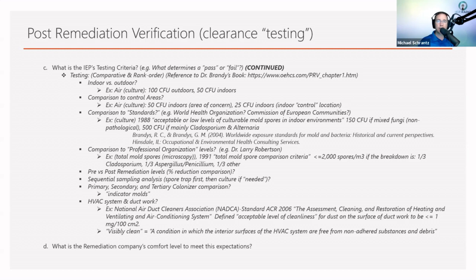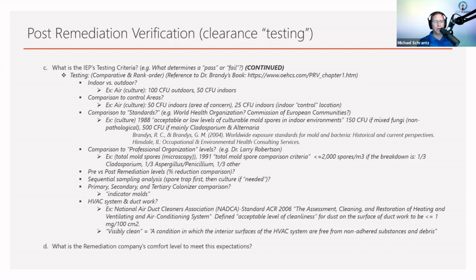But in other cases, if those spore trap samples come back marginal, not really sure if it's a pass or a fail, they may opt to culture the other sample to see if there's any evidence of either recent growth or growth that would indicate the fungal structures came from that area that was affected, that they remediated.